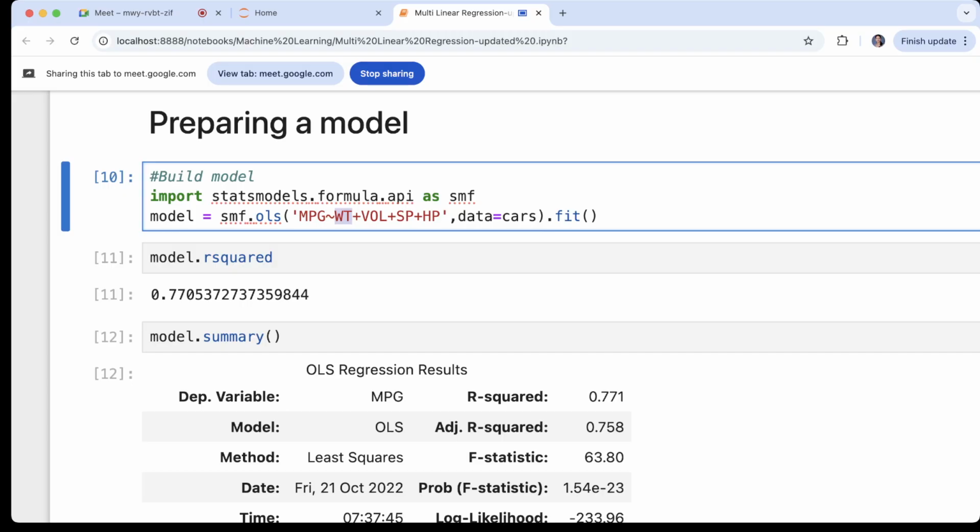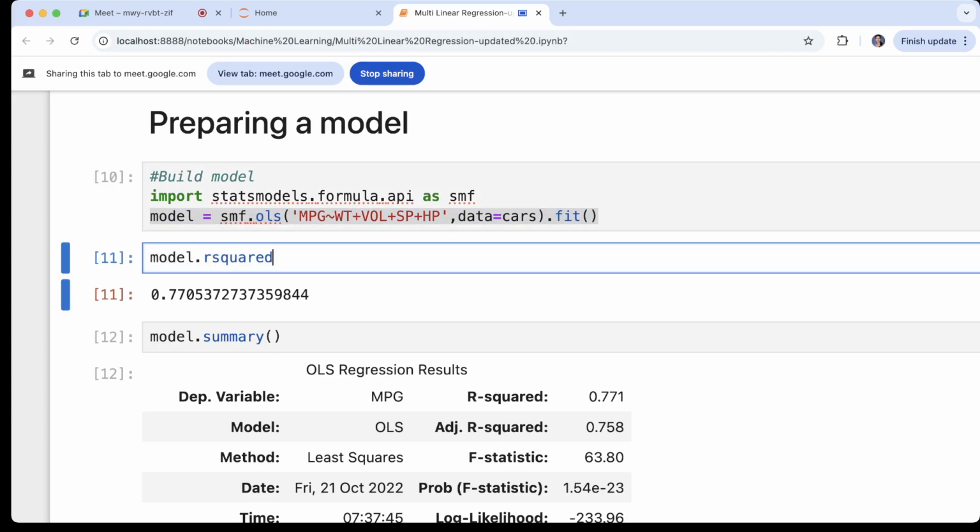There should not be extra spaces. If it's capital, you shouldn't make it small and things like that. It should be exactly as it is. Also pass the data, which is cars data, and then just do dot fit. Once you do this, your model is ready.